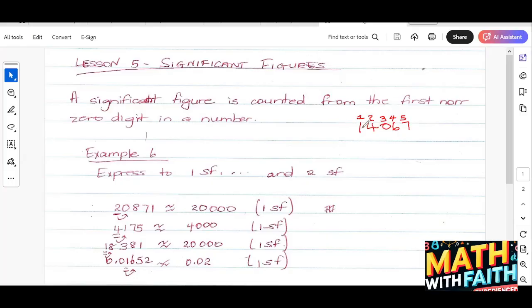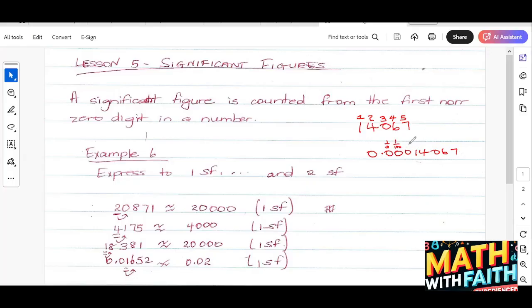And you might be wondering, well, obviously the number starts with a non-zero number, but look at this. If we have a decimal, 0.00014067. Now, we see we have 4 zeros. Now, even though this is in the column 1/10, this is in the column 100, we do not consider them as significant zeros.